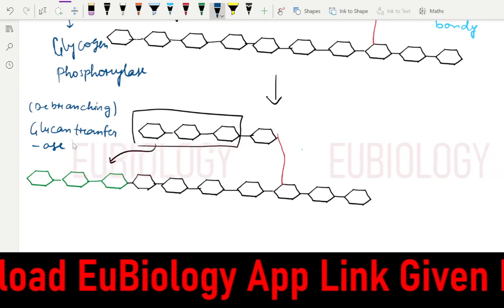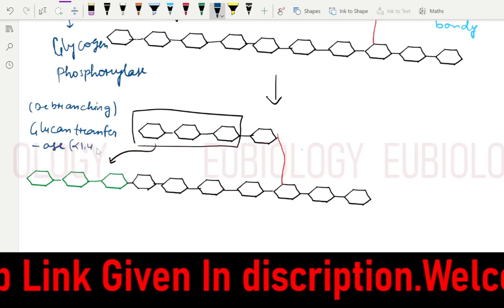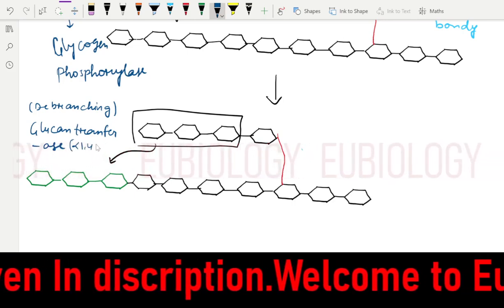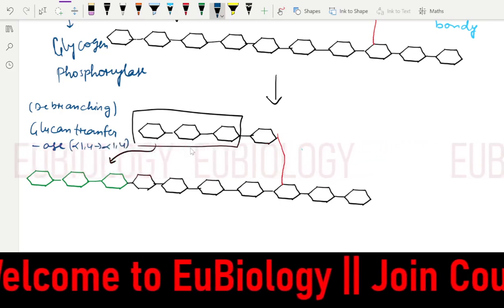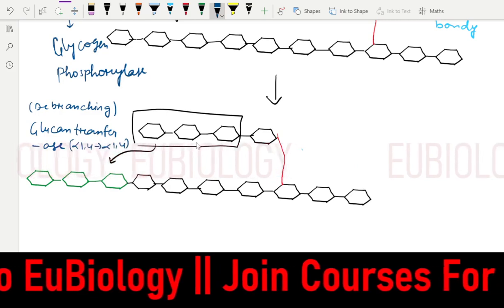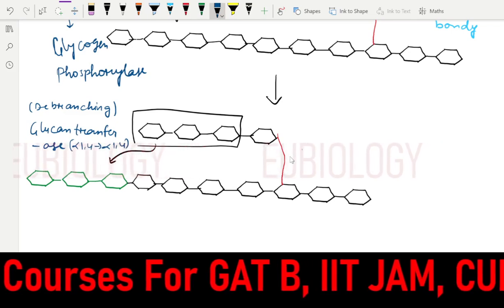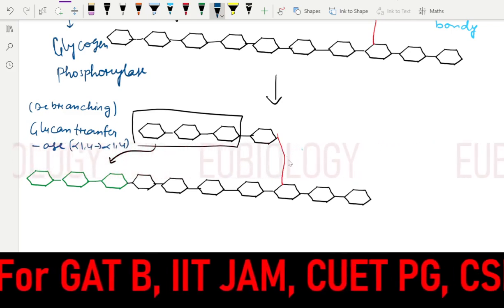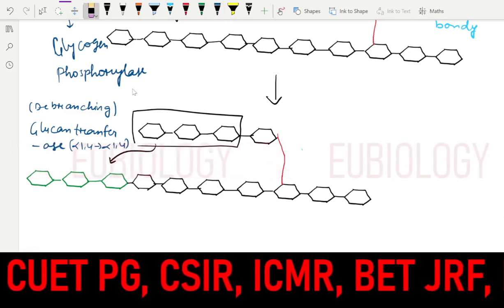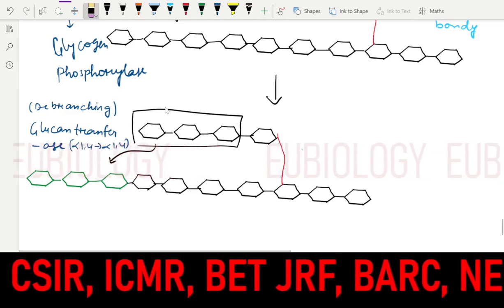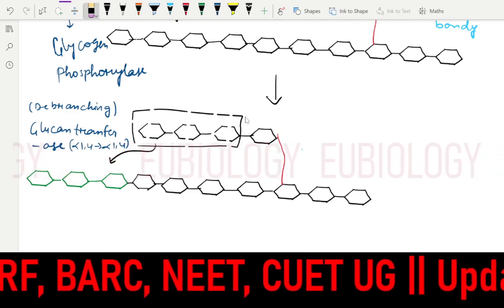It will transfer the three residues of the linear chain to another linear chain. It doesn't transfer the alpha 1,6 glycosidic bond. So I am going to erase it now. It is disappeared. Now it is not there.